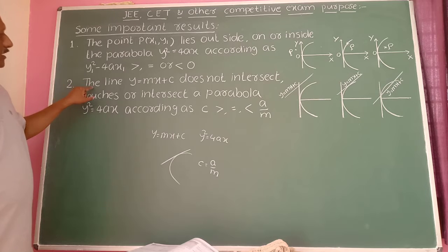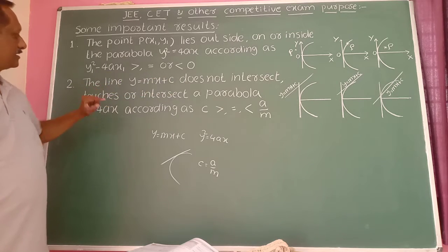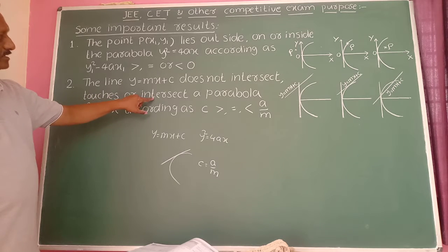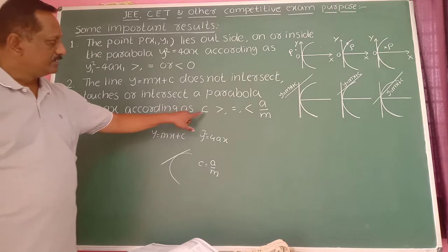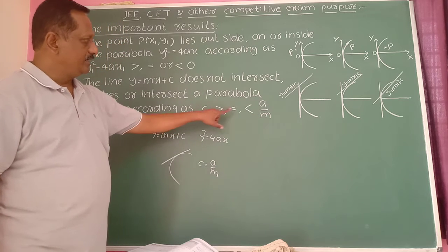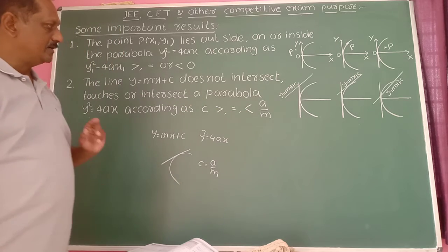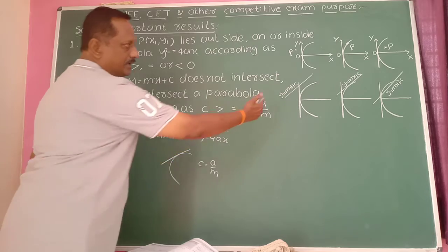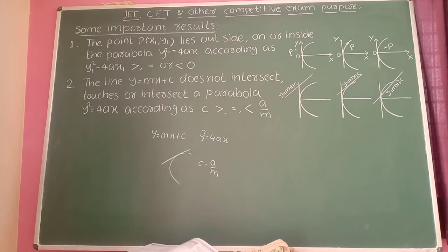Therefore, the line y is equal to mx plus c does not intersect, touches, or intersects the parabola y square is equal to 4ax according as c is greater than a by m, c is equal to a by m, or c is less than a upon m. If c is greater than a upon m, the line does not touch.